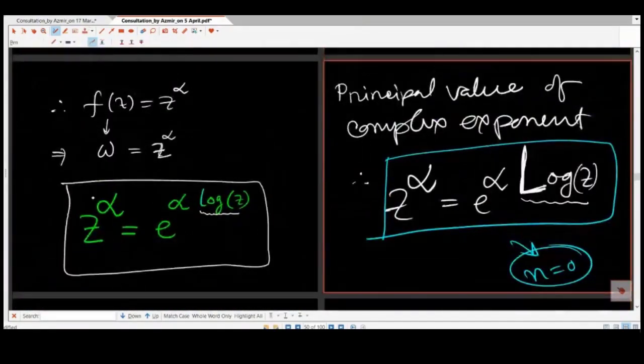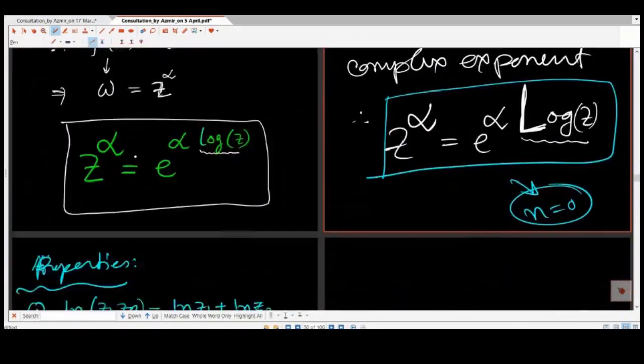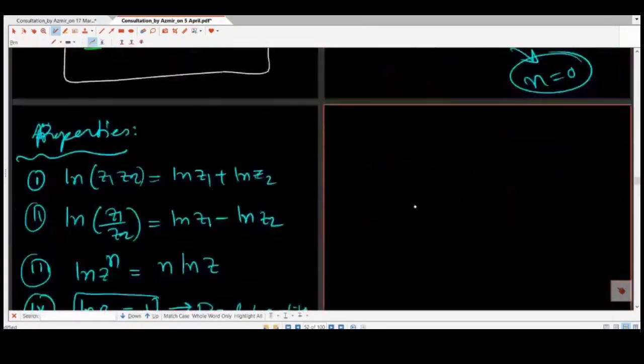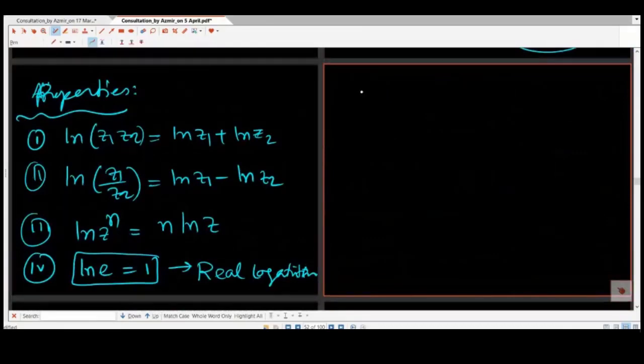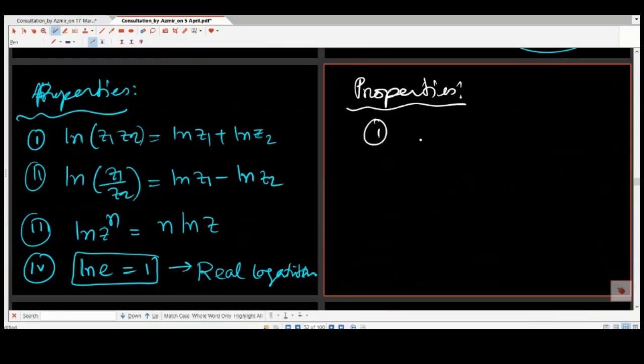Just like exponential function and logarithmic function, this complex exponent also has some properties. So let's write these properties for our betterment. Let's say we have z to the alpha 1 times z to the alpha 2.